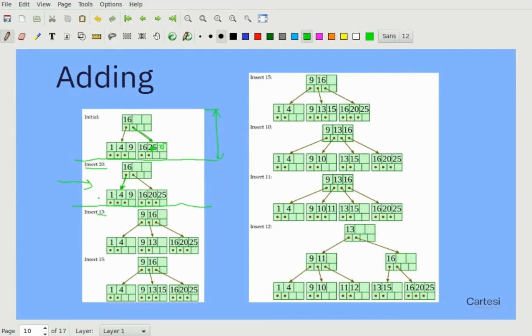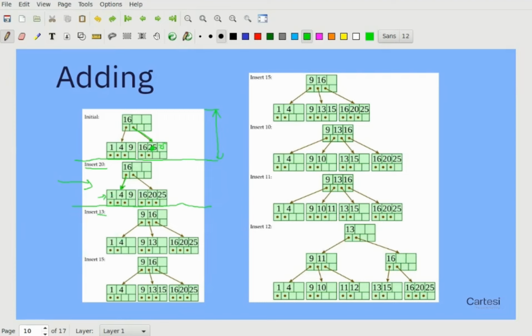So this node is exploding, and I'm going to split it into 2. 2 elements go to the left, 2 elements go to the right. As soon as it doesn't fit, I have 4 elements, which is equal to 2 plus 2, which is the minimum. So I can split without violating the minimum requirement of having at least 2.